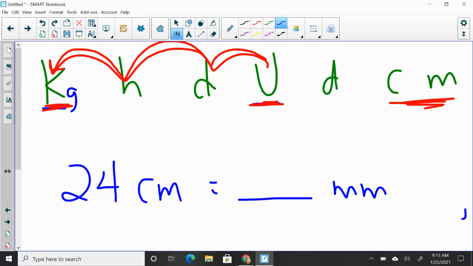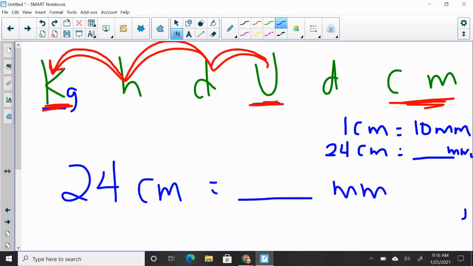Okay, so I'm starting at centimeters and I'm going to convert that to millimeters. 1 centimeter equals 10 millimeters. So if I have 24 centimeters, how many millimeters is that going to be? Kaylee?